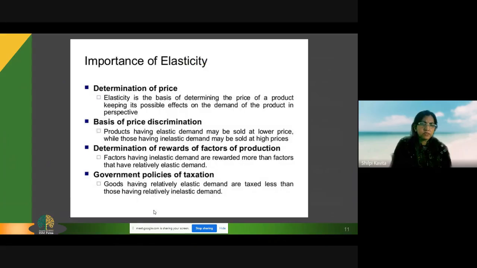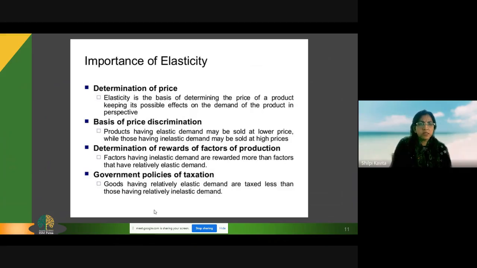Importance of elasticity is there because by knowing the elasticity of any product, we are able to judge the demand also. Necessity goods have their own inelasticity. Even price determination is possible, I mean, the producers or sellers are able to determine the price knowing the elasticity of demand.